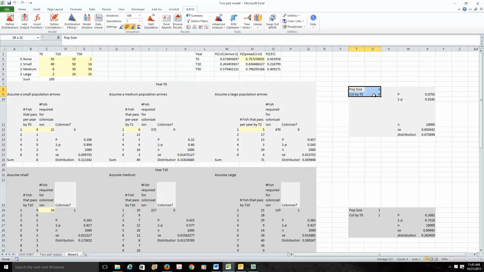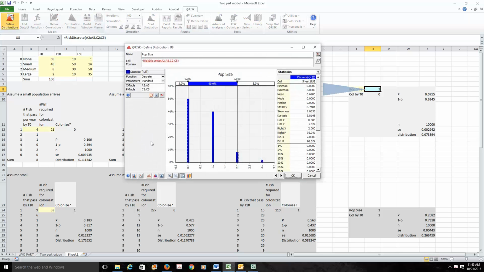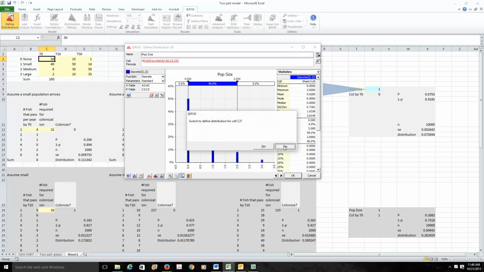We're looking at this little square over here to the right, and you'll notice this first variable is population size. So I want you to see what that variable is. This is just a discrete probability distribution, and notice here is 0, and 0 goes up to 50%. That's the same as we have in this value right here.